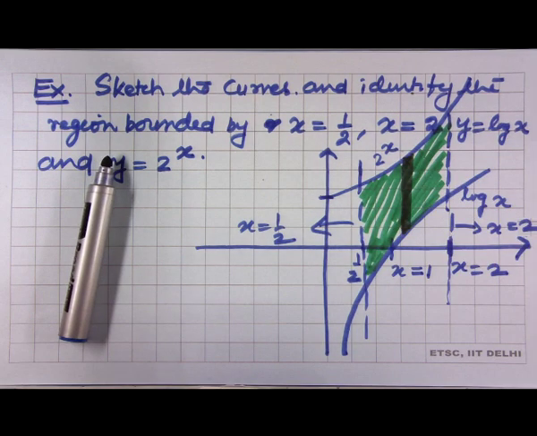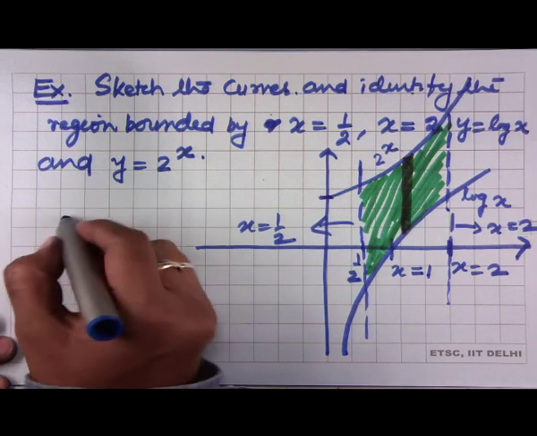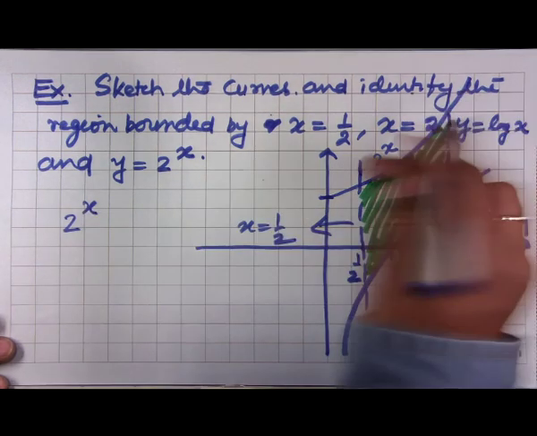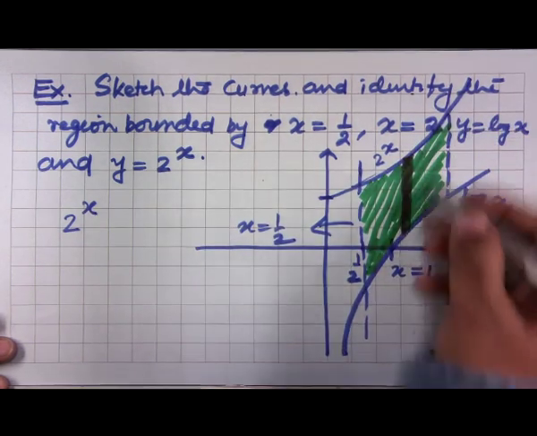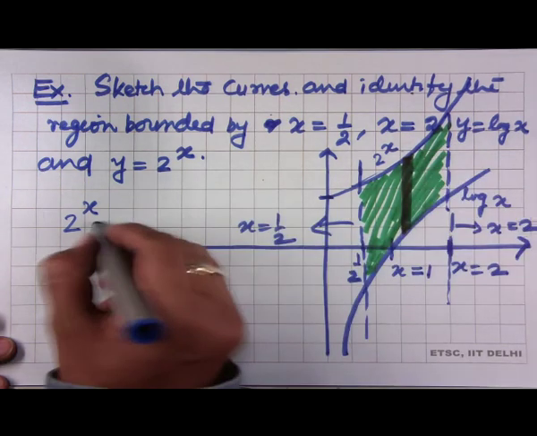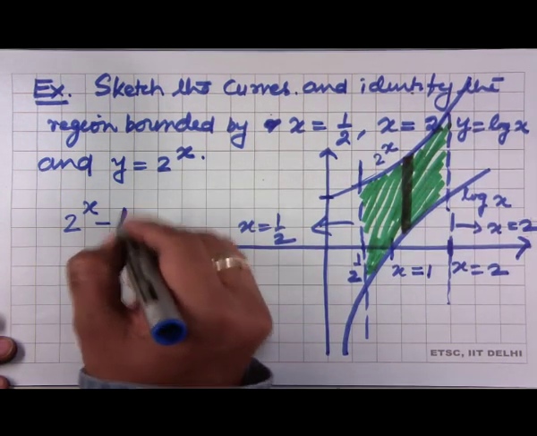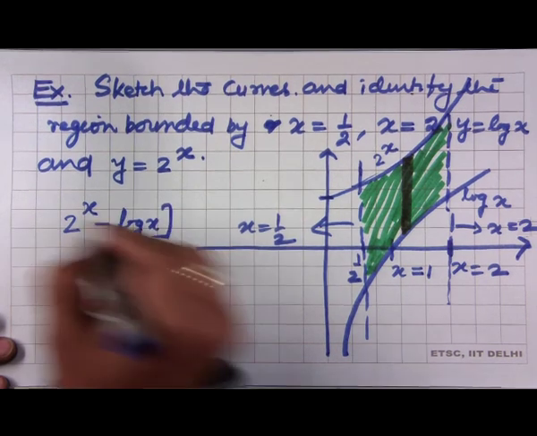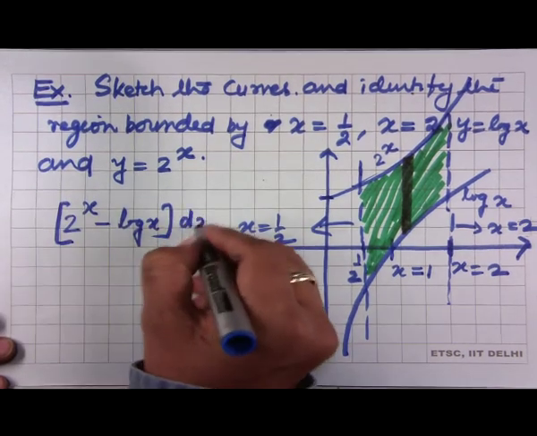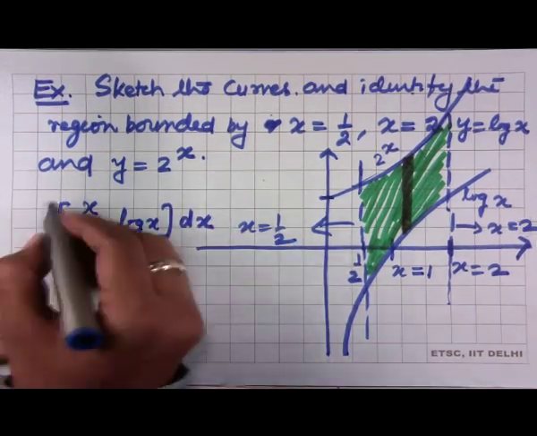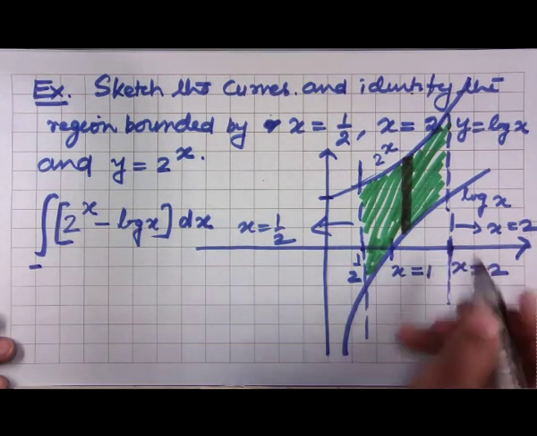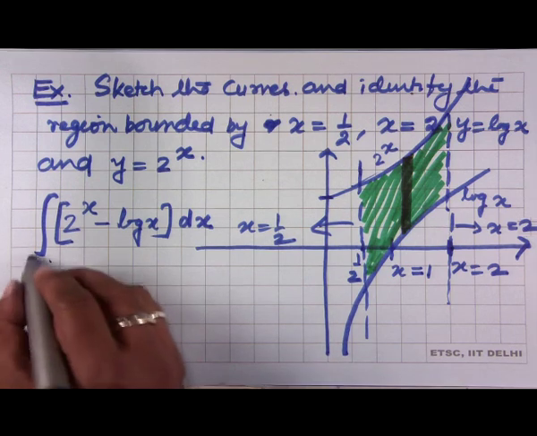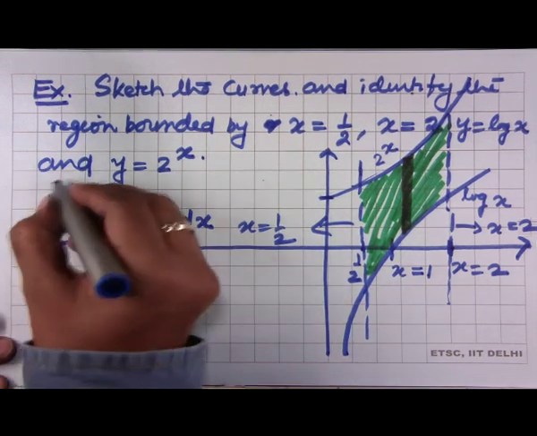So to solve this, again you need to define the elementary area. So elementary area is f(x) minus g(x), try to recall the formula, into dx, so 2 to the power x minus log x into dx, and limits of integration will be from minimum to maximum value of x, that is from x equals to half to x equals to 2.